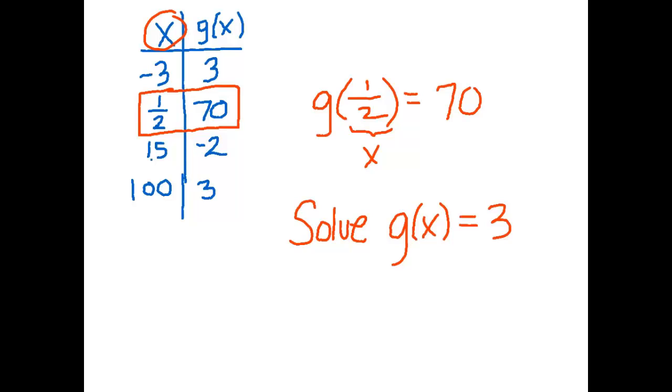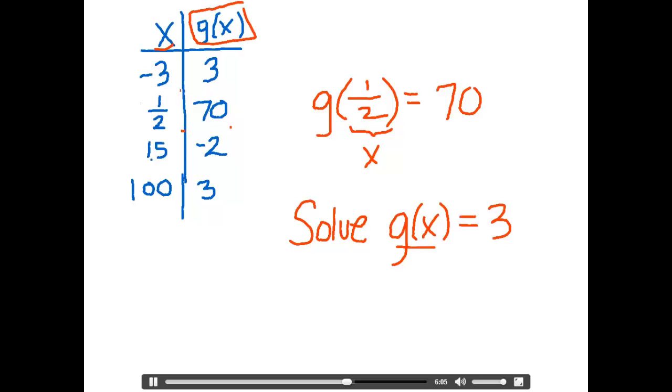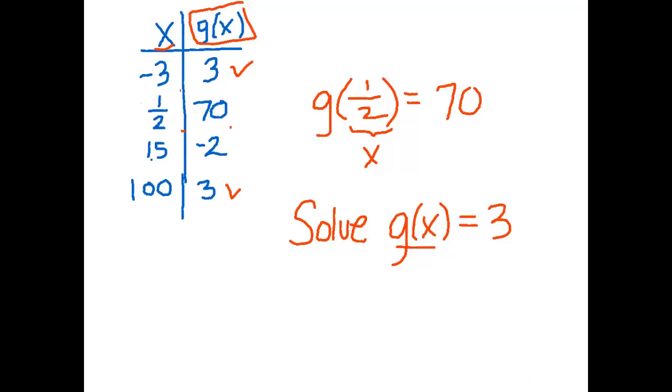So I'm going to come back here. Notice that g of x is this column, and I see 3 in 2 different places. So when I am asking you to solve this, I'm asking you for the x values that make that true.